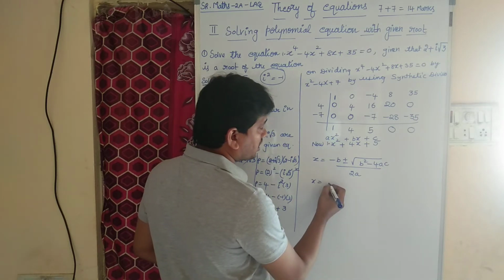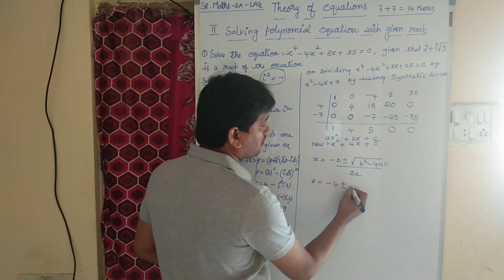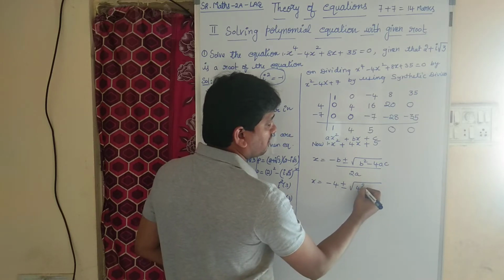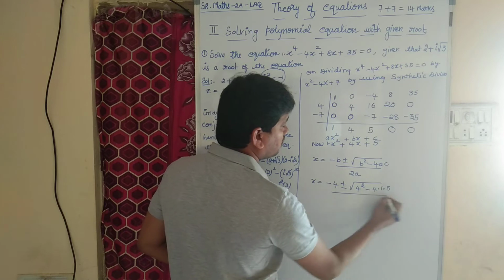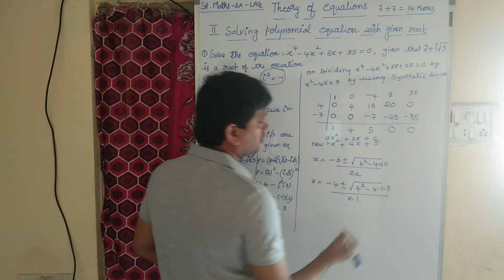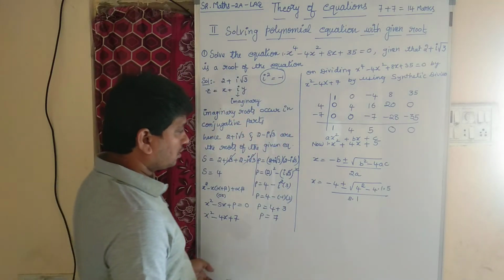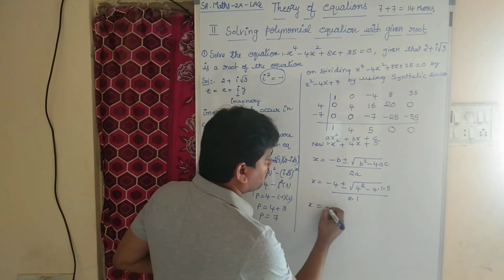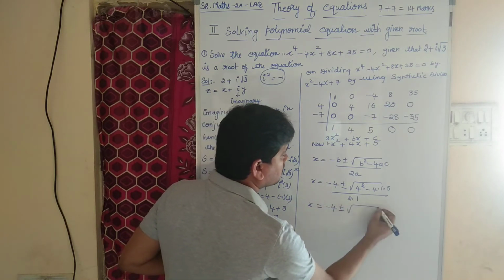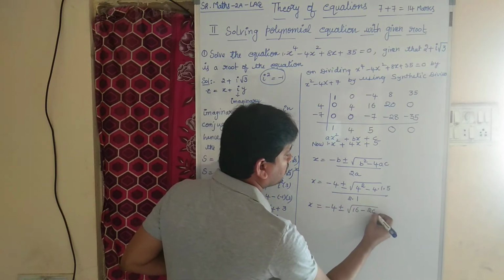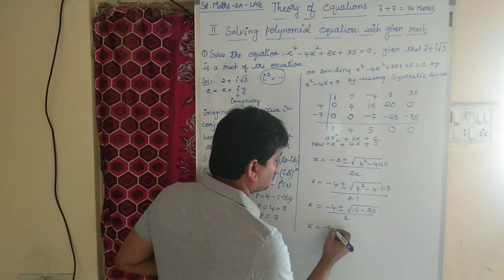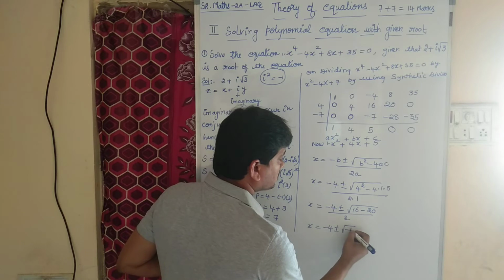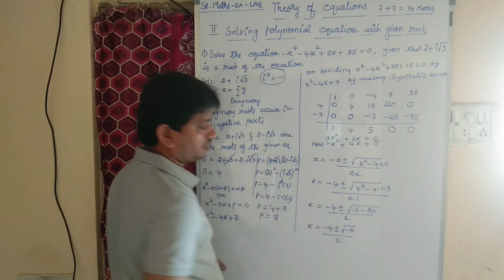So b value is minus 4, plus or minus root over b value 4 square minus 4 into a value 1, c value 5, by 2 into 1. So x equal to minus 4 plus or minus 4 square 16 and 4 5 is 20 by 2. So x equal to minus 4 plus or minus root minus 4 by 2.